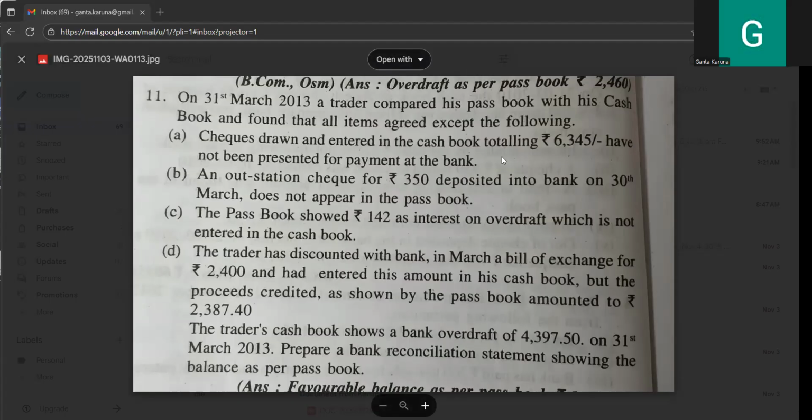So what I have to do is take into consideration overdraft as per cash book, which means I am going to prepare the cash book overdraft balance and take the proof book also as the cash book. Whenever it is an overdraft, I have already informed you, it is like the same book we are going to have as the proof book. So overdraft cash book we are doing, and that is the reason I am taking the cash book also as my proof book.